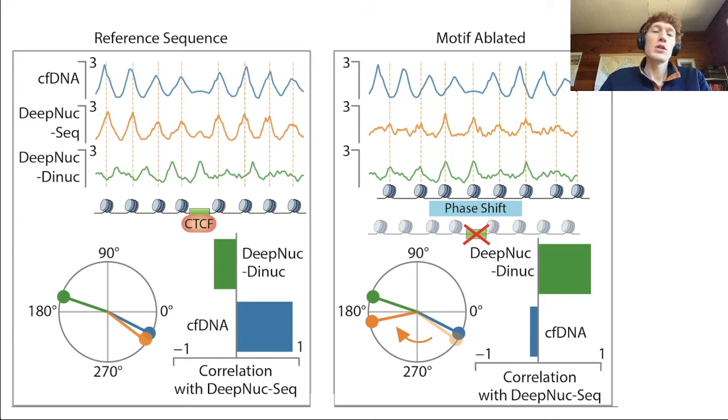So what this suggests is that the difference in correlation between reference sequence and motif-ablated sequence, between DeepNuke-seq and DeepNuke-dinuke, can be used as a measure of how strongly intrinsic versus extrinsic effects lead to nucleosome positioning in a given context.